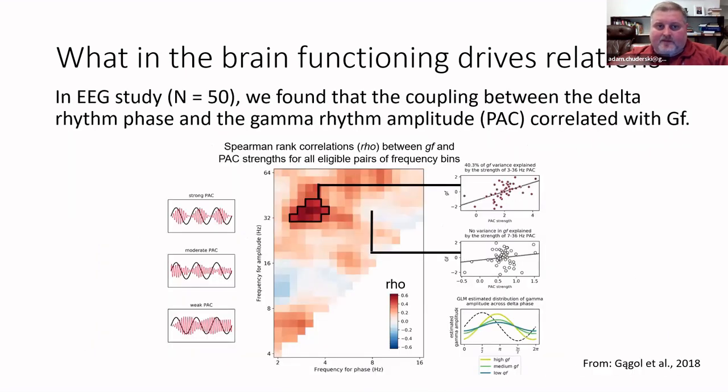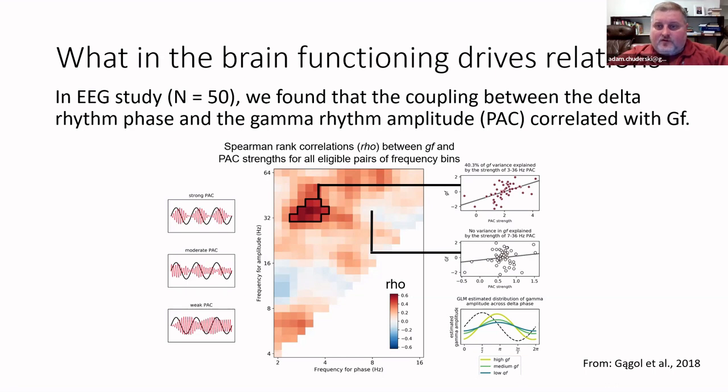similarly in the brain? So we did an EEG study on 50 people, trying to identify something called phase amplitude coupling, PAC. The three small figures on the left illustrate what phase amplitude coupling is.